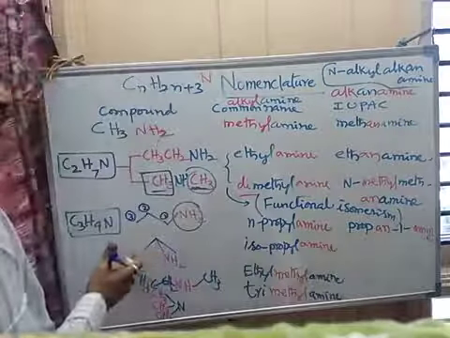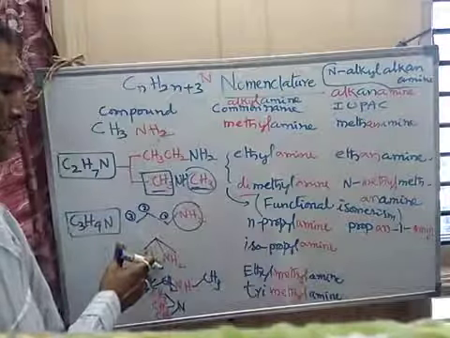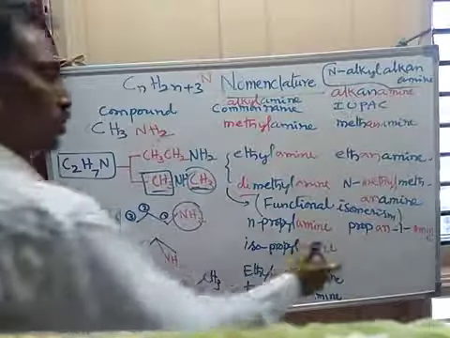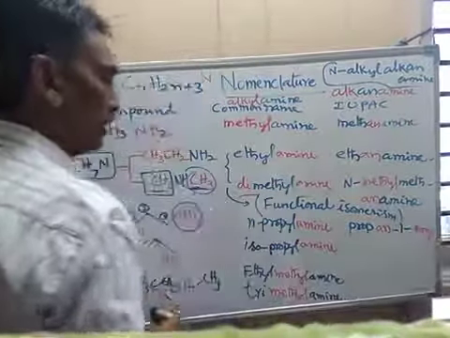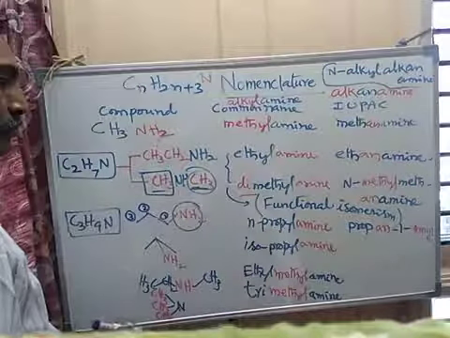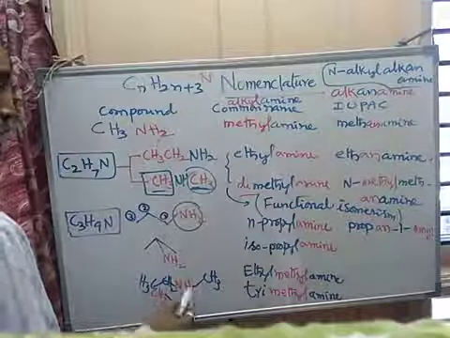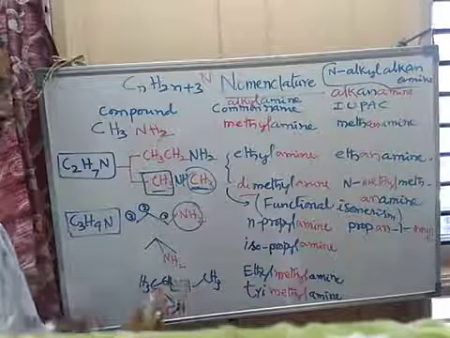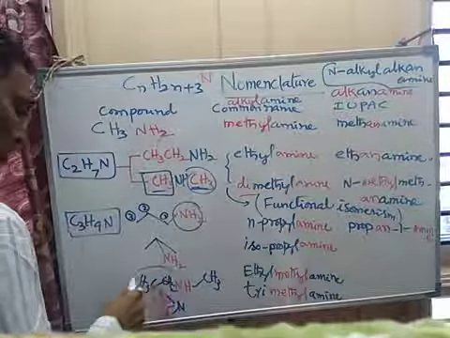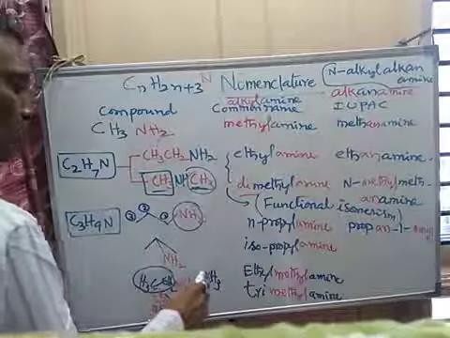And how do you name this one? Propane, amine at which carbon? Second carbon: propane-2-amine. You just write it with your knowledge. Now come to this one. Between the two alkyl groups, which is longer? The longer one is CH3CH2, and the shorter one is this one.